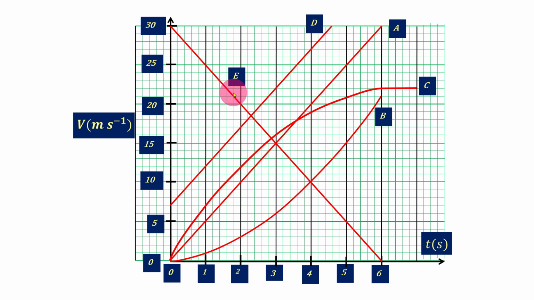So when we are asked to use the term velocity to describe how the object E is moving, we'll say it starts with an initial velocity of 30 meters per second, and its velocity decreases by 5 meters per second every second until after 6 seconds it comes to rest. Okay, and this decrease in velocity is uniform, so its velocity decreases uniformly to rest.